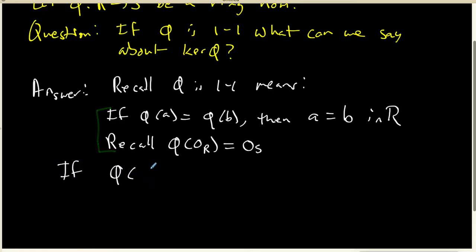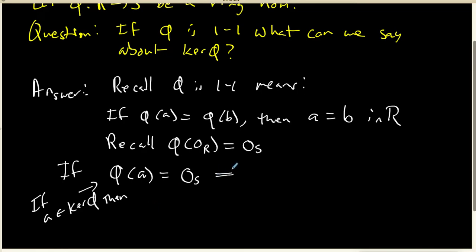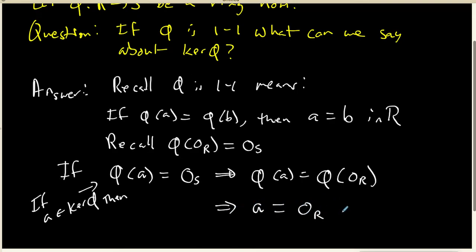If phi of A is equal to the zero in S, and this would be if we start off with A belongs to the kernel of phi, then we have this equation is true, but that's going to imply that phi of A is equal to phi of the zero in R, and because phi is one-to-one, that will say A and the zero in R are the same thing.